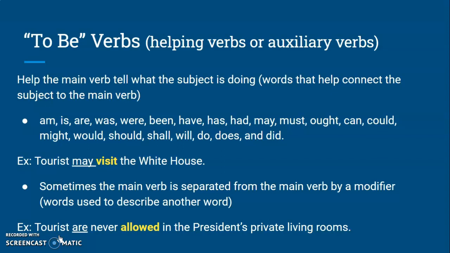Well, are and allowed, are is our to be verb or our helping verb. Allowed is our main verb. But in between those two, we have the word never. We have the adverb never. Okay? All right. But we see that these two are still connected.